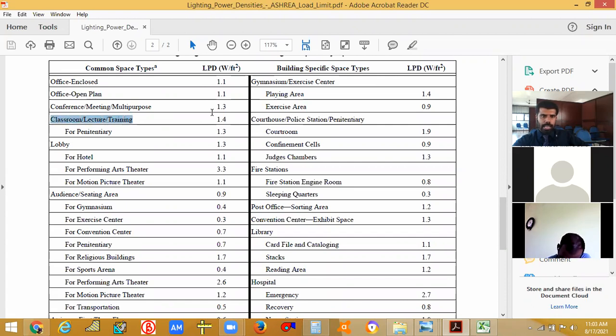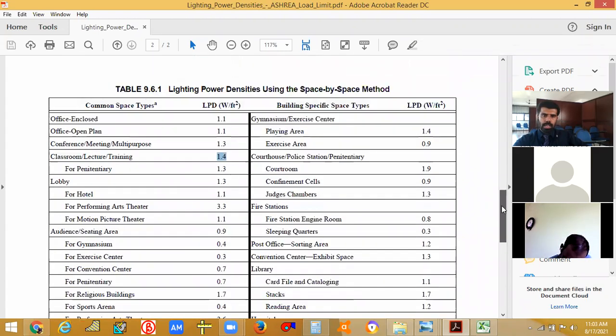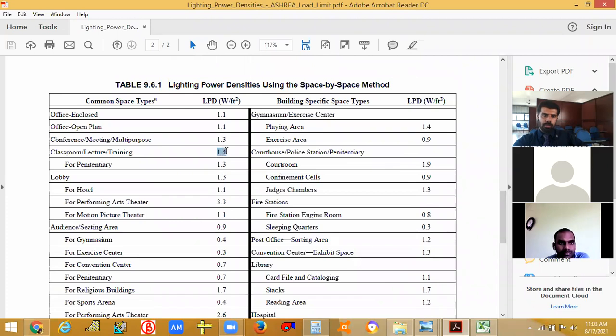So what is our LPD? Light power density is 1.4. From this tabular column, you get 1.4 watt per feet square, because our application is a classroom or a lecture room. So according to ASHRAE, 1.4 is the LPD, light power density.